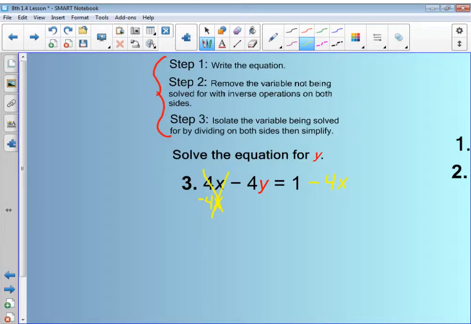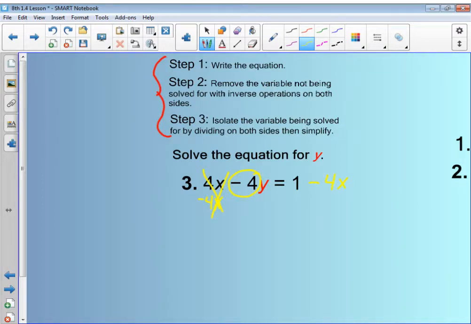Okay, so that's pretty good. Now on the left-hand side, I have negative 4y. Right side equals 1 minus 4x. So now we have to work to get y by itself. I have to get rid of this. How am I going to get rid of a negative 4?